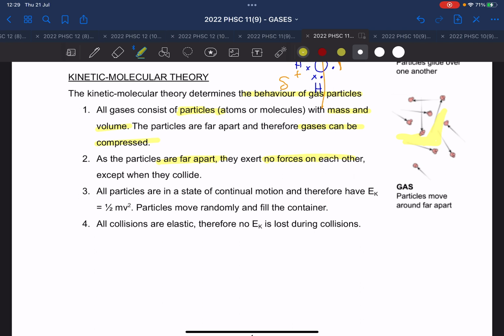When they collide, they give each other some energy. So energy goes from one molecule to another when they collide. Because they all are moving, they have kinetic energy. With every collision, there is no kinetic energy lost. So all the collisions are elastic.